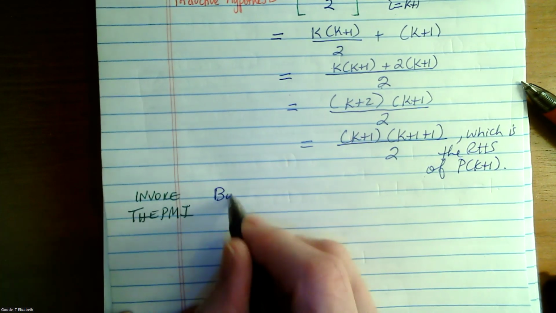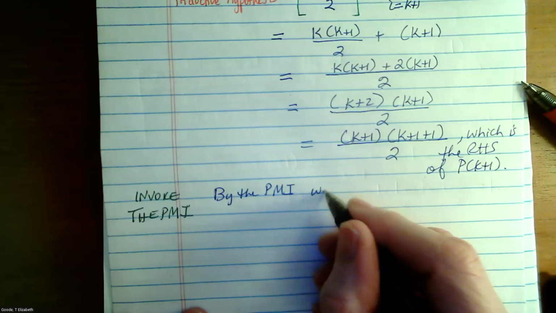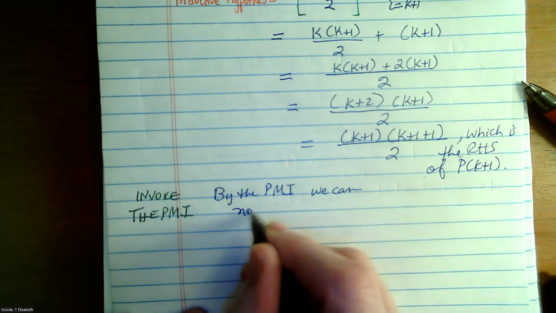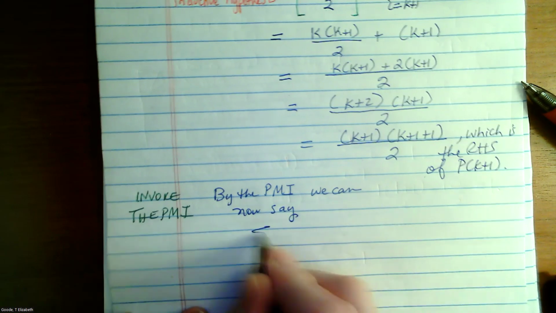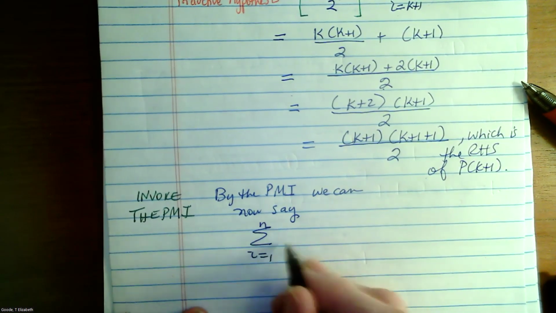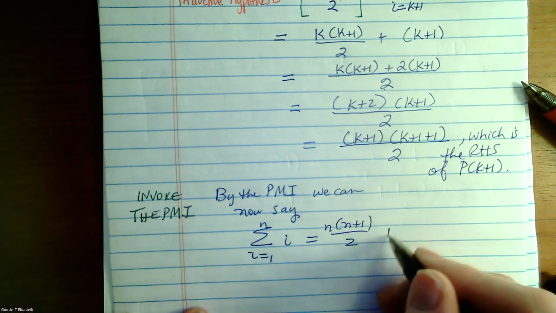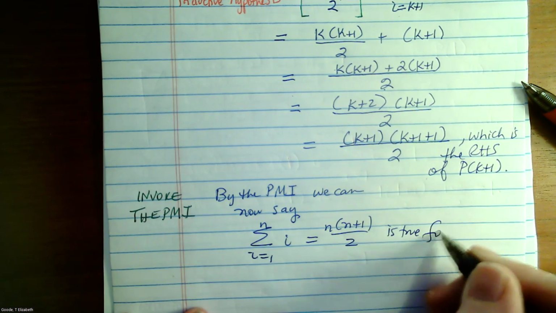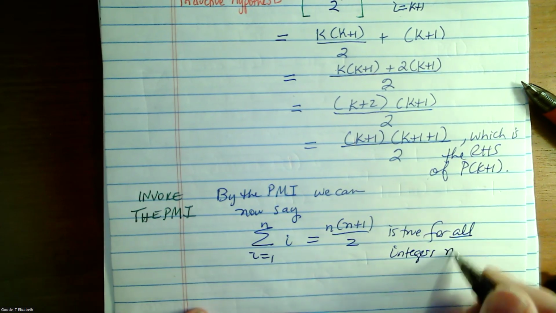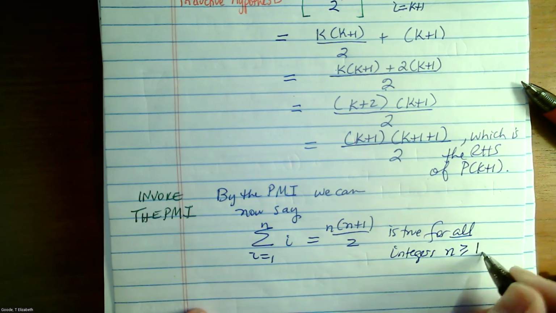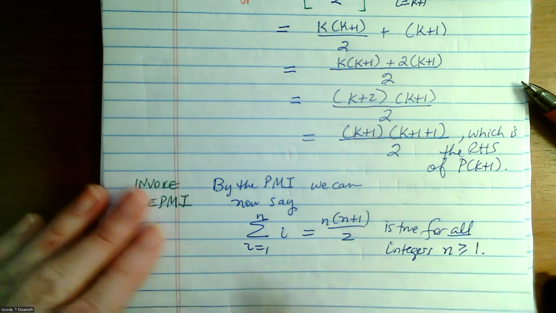So by the PMI, we can now say that the sum from i equals 1 to n of i is equal to n times n plus 1 over 2 is true for all integers n greater than or equal to 1. We started at 1. And that's the end of the proof.